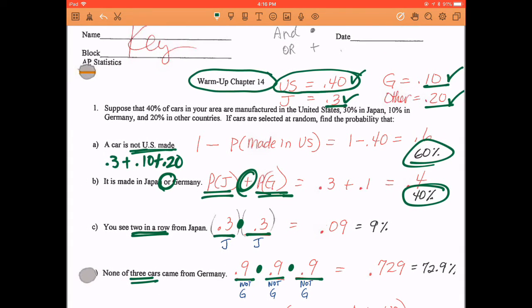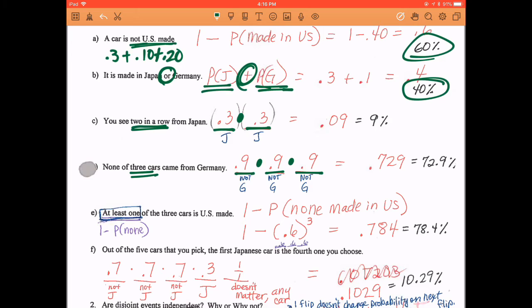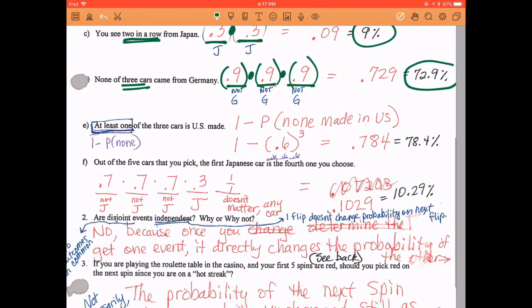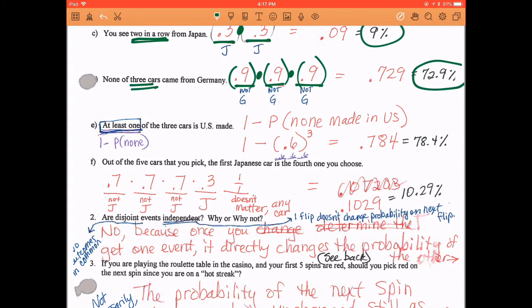So of course you can see up here that Germany is 10%, which means not from Germany is 90%. That is how we have 0.9 times 0.9 times 0.9, which is your 72.9%.